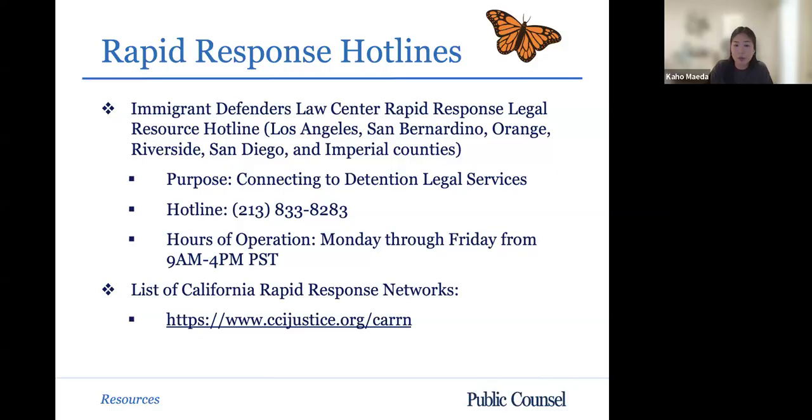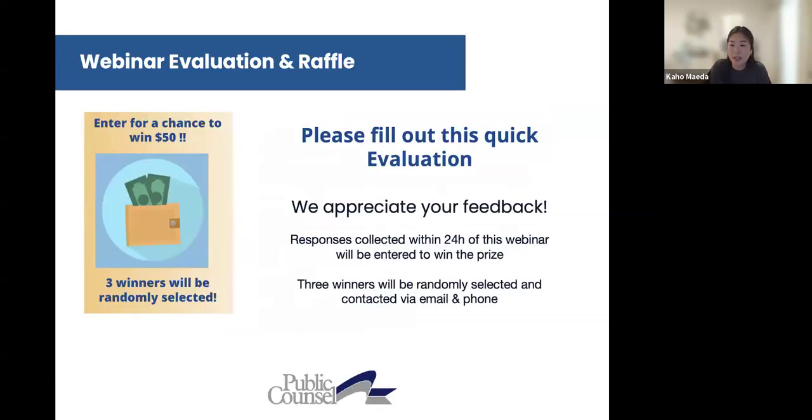You can use that phone number there, calling anytime between 9 a.m. and 4 p.m., Monday through Friday, and they can help connect you to legal services for folks in detention. And then there is a link at the bottom of this slide to a list of rapid response networks in California if you don't see maybe your county in the list for the IMDEF rapid response hotline. And then I think I will pass it back to Ritu.